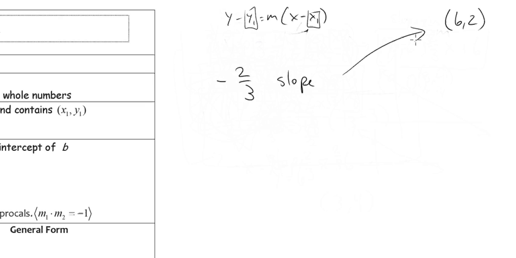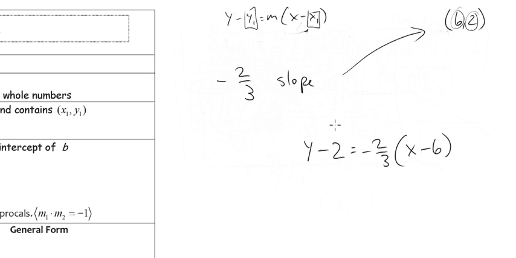So we've got y minus y1, and here's my y value, so y minus 2 equals negative 2/3 times x minus the x value, minus 6. That one would have worked.